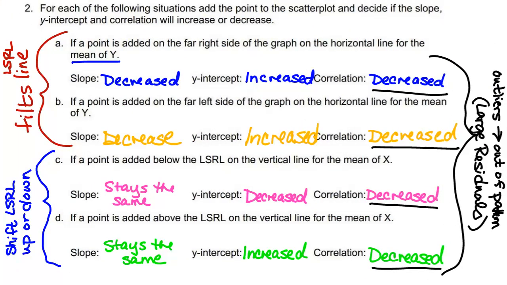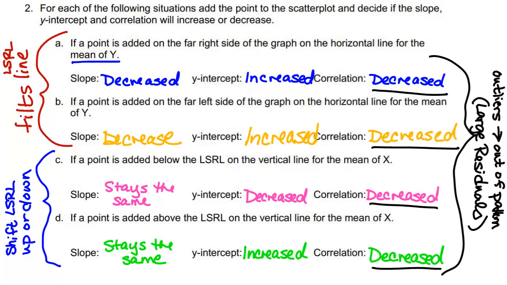Go look at number 3. Which outliers had the greatest impact on the least squares regression line, the vertical or the horizontal outliers? The vertical outliers, when it shifted my line up and down? Horizontal ones, what did that change? It changed everything. It changed my slope and it changed my y-intercept.